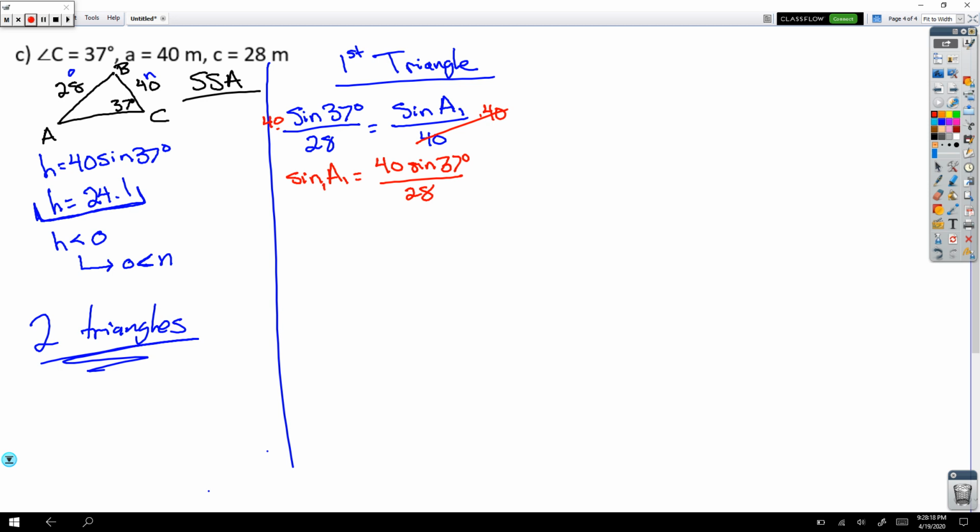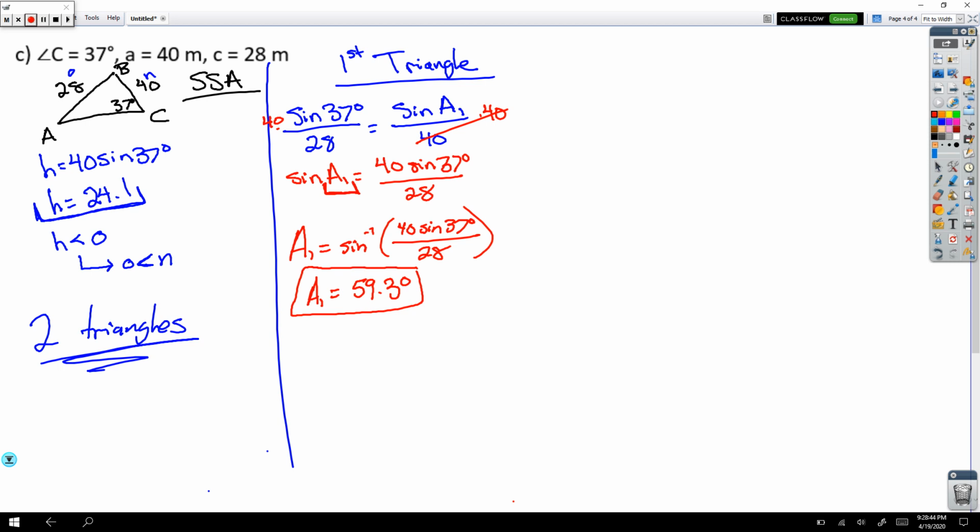And again, to solve for A sub 1, we're going to make use of our inverse trig. So A sub 1 equals sine inverse of 40 sine 37 degrees all over 28, which would give us an angle measure of 59.3 degrees. Alright.